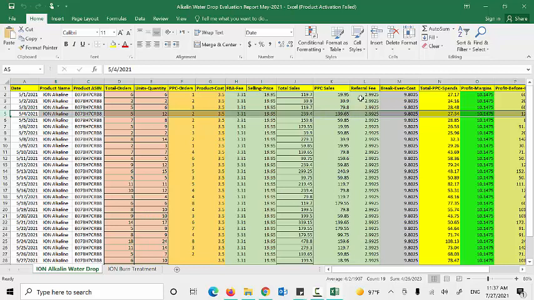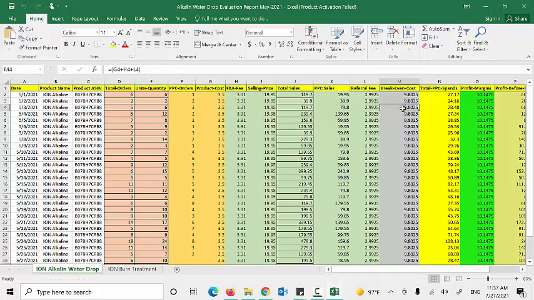PPC, referral fee, to find the break even cost. Okay, what's the break even cost? Break even cost means, I have set a formula for it, G5 plus H5 plus L5, meaning product cost plus FBA, which is what Amazon is cutting for each order, per order, plus G4, L4.